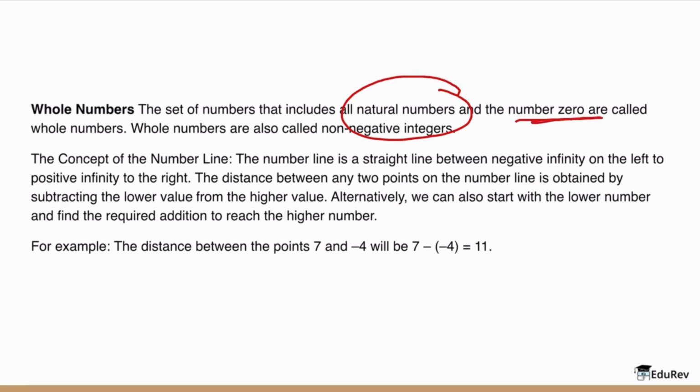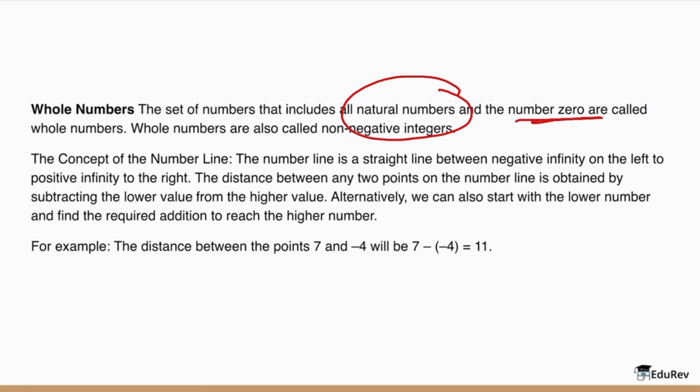Your natural numbers are all the integers which start from 1, including 1. Now if I add 0 to my set of natural numbers, I'm going to get whole numbers. So whole numbers are nothing but natural numbers plus 0.